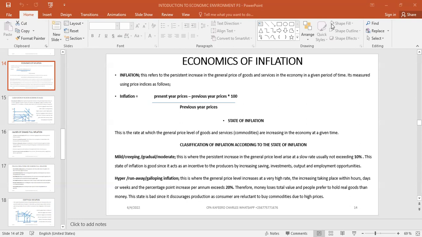The second state of inflation is the hyper, you can call it runaway or galloping inflation.